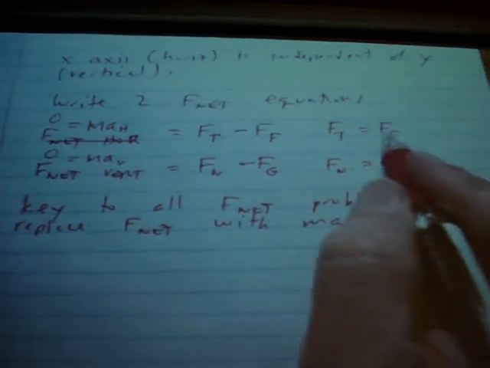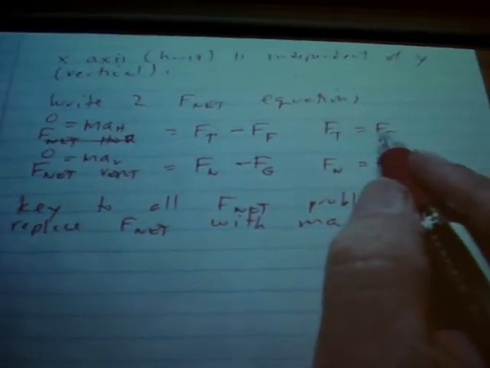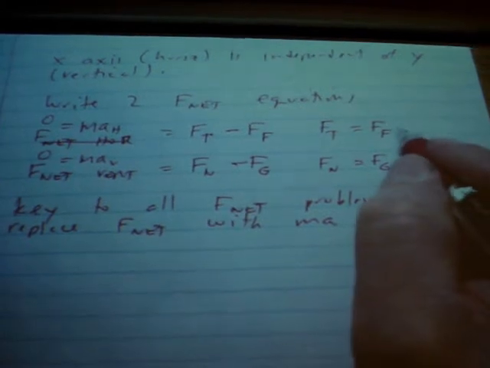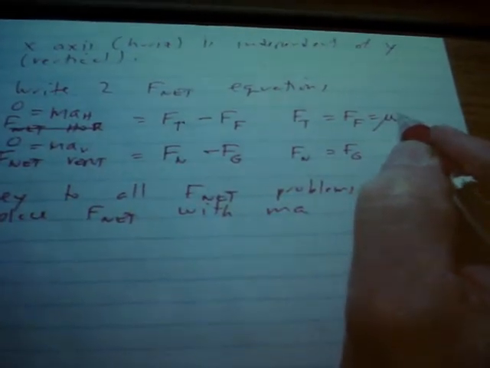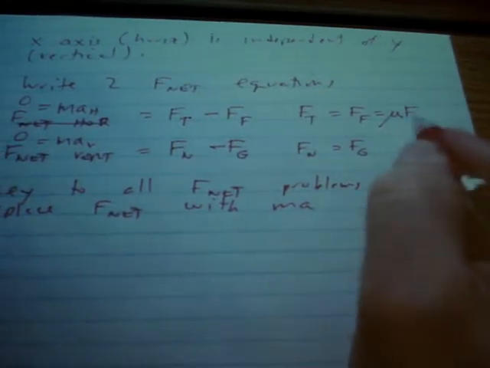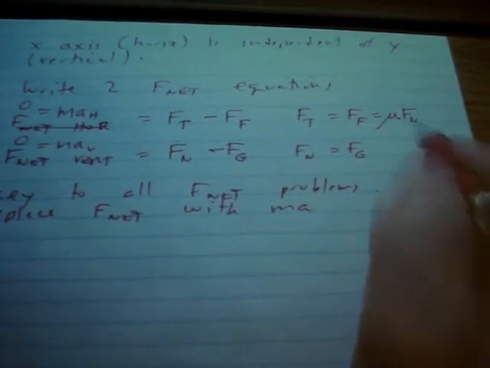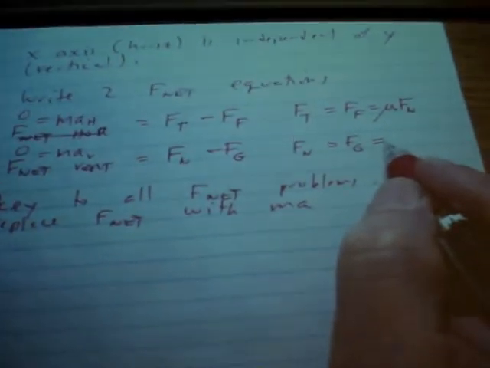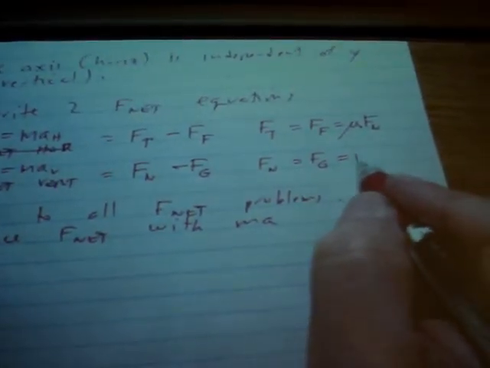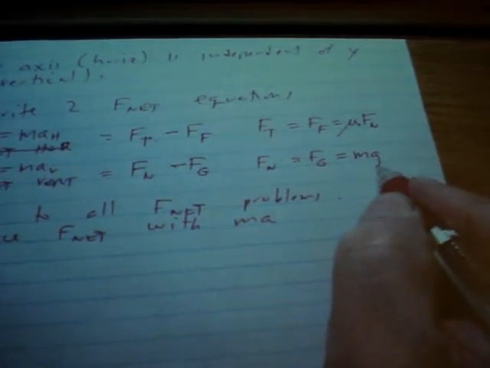What can you substitute in for friction force? What's the equation for friction? Coefficient of friction times normal force. What can you always substitute in for the weight? Mass times gravity.